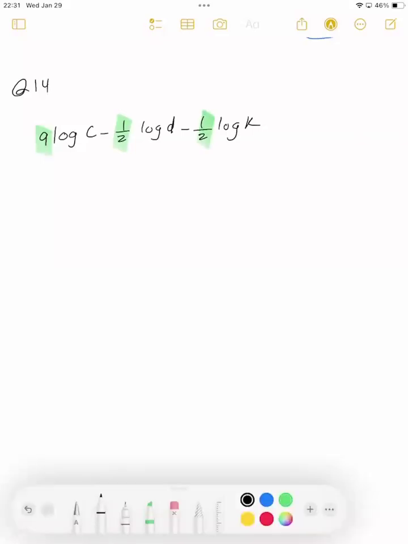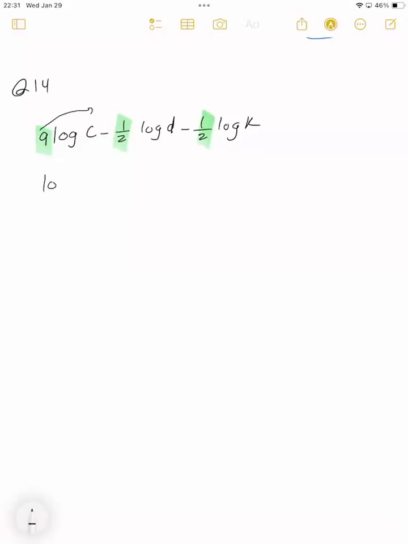So 9 becomes the exponent of c. Half becomes the exponent of d. This half becomes the exponent of k. I mean the exponents. So now I don't have any more coefficients, they're all exponents.